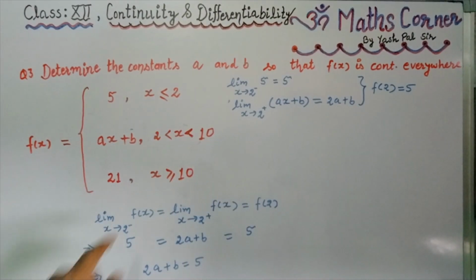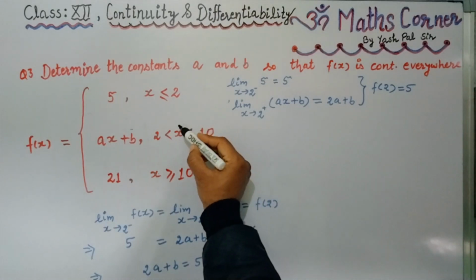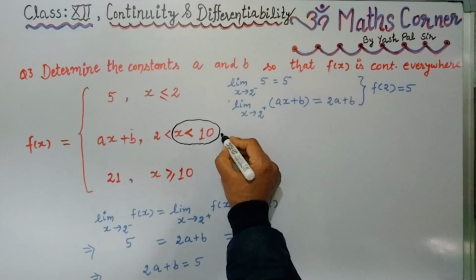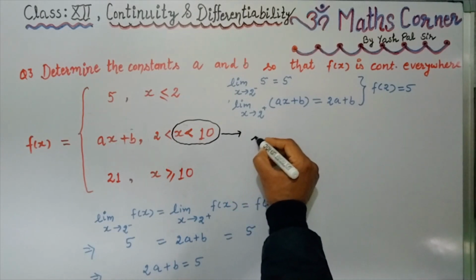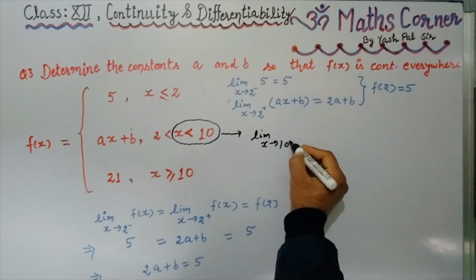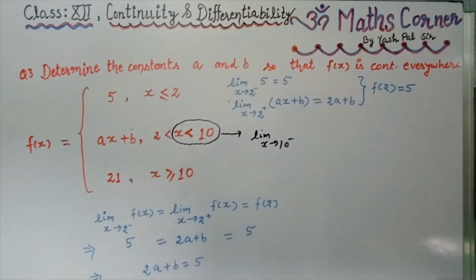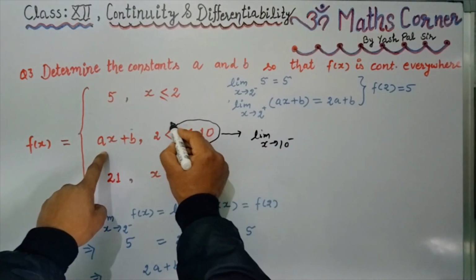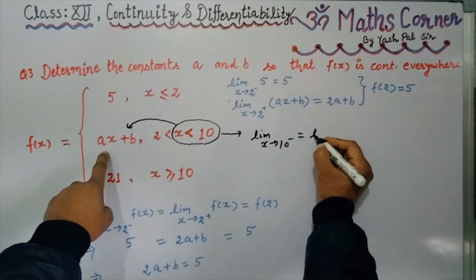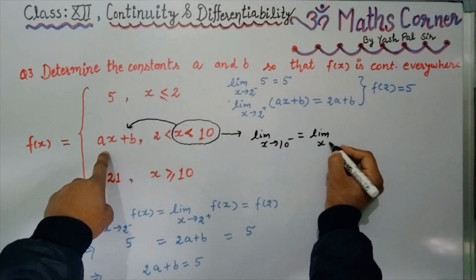Continuity at x equal to 10. First of all, x is less than 10. From here we write the limit as x approaches 10, the left-handed limit, and the function value is ax plus b.